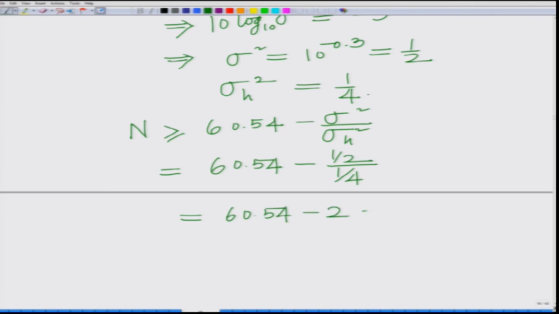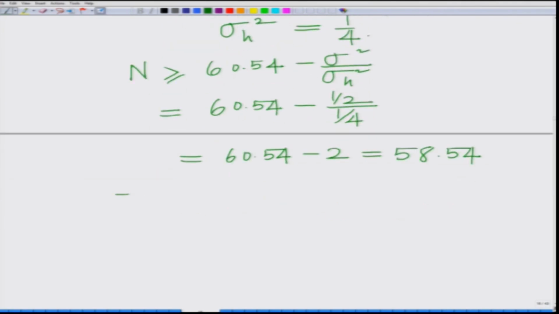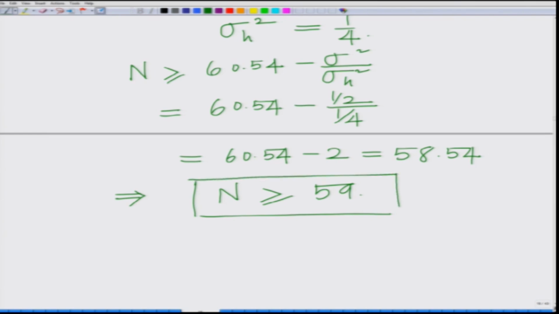So this is 60.54 minus 2, that is 58.54, which implies that since we have an integer number of samples, n has to be greater than or equal to 59 samples. That is what we have derived: n has to be greater than or equal to 59.